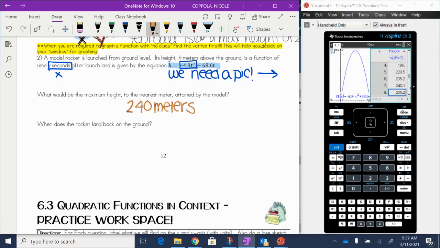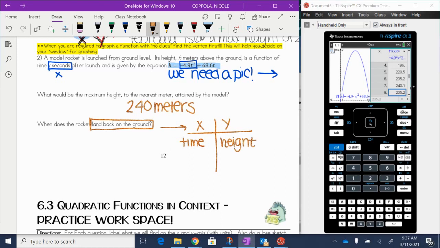Okay, the next question is, when does it land back on the ground? When you are doing questions like this, it's always nice to ask what is represented by x and what is represented by y. X in this case is time, and y in this case is my height. It's saying, when does it land on the ground?